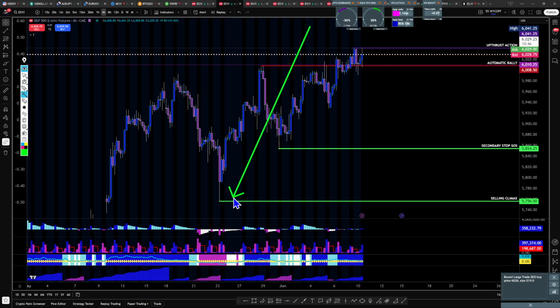So we have the selling climax at 5756.50. We push up, we create the automatic rally at 6008.50. Then we come back down, we create the secondary test at 5854.25. We push back up, we create the upthrust action, which is the break above automatic rally at 6041.25.